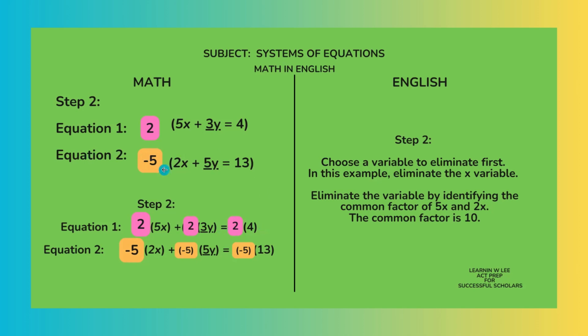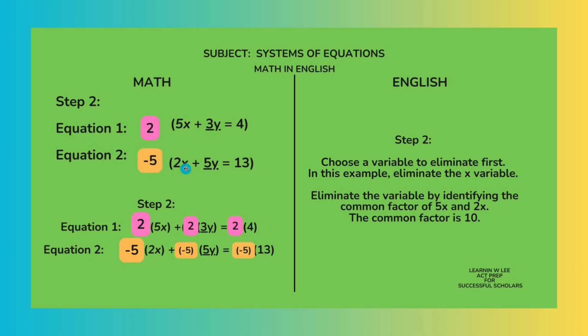Same thing with equation 2. I'm multiplying by 5. That's the number of the other x term. One x term is 2x. The second x term is 5x. So I'm multiplying by a negative 5, and you'll see why in the next step, why the 5 is negative.